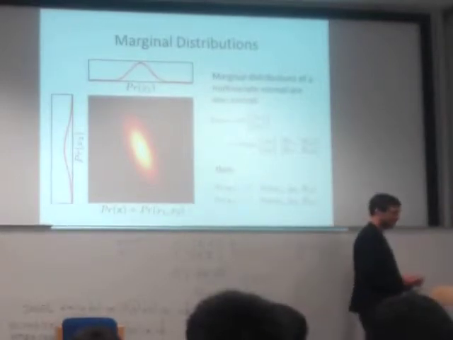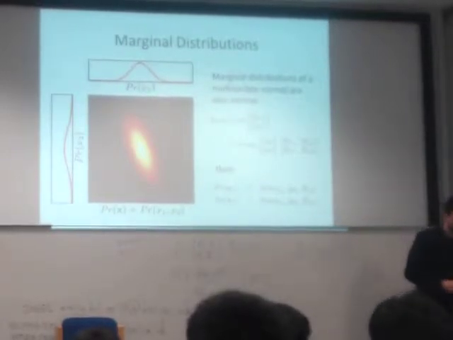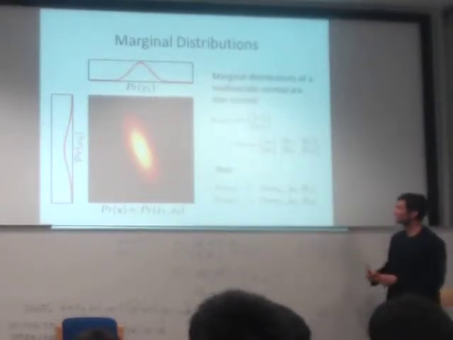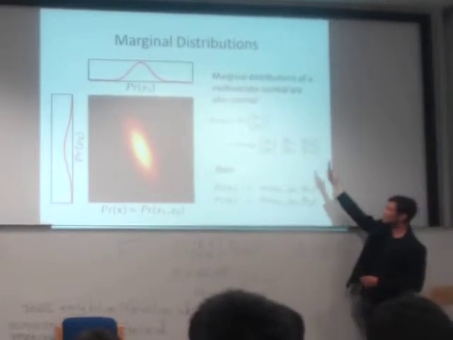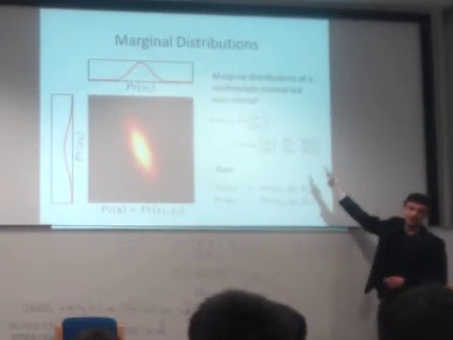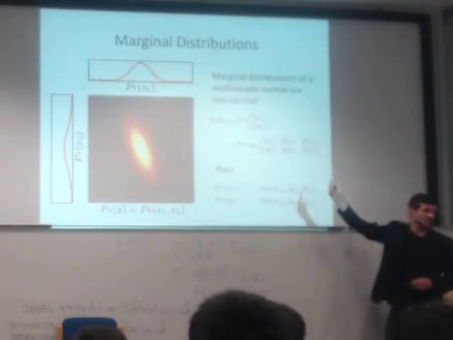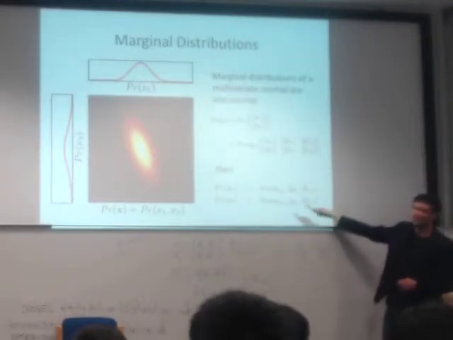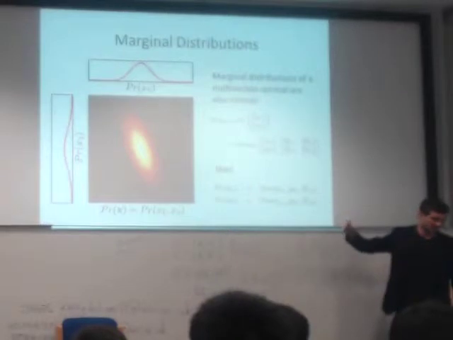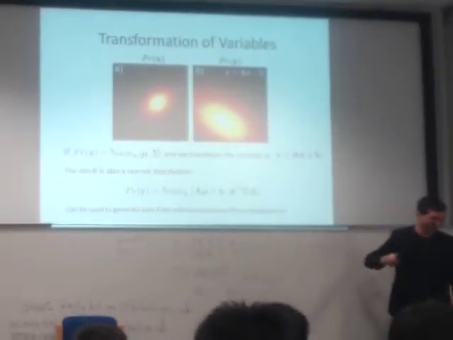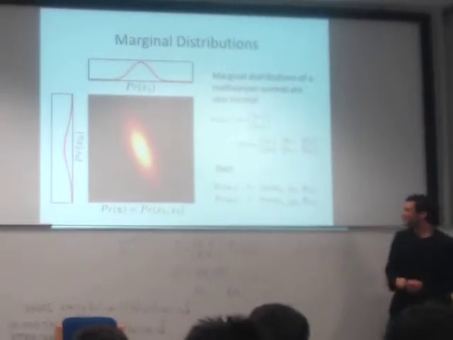And it turns out that for the normal it's quite simple. If you know your covariance matrix, you can pick out the partitioned terms, so you don't need to do the integral. This is a property of the normal distribution, just like everything in this lecture. It's all normal distribution, right?